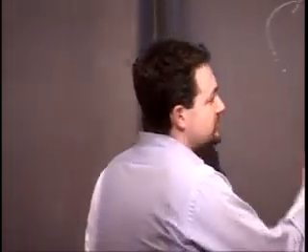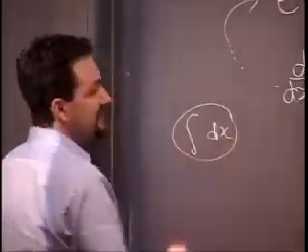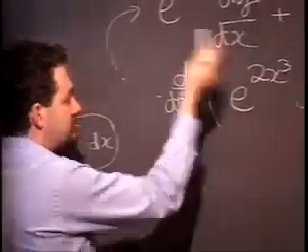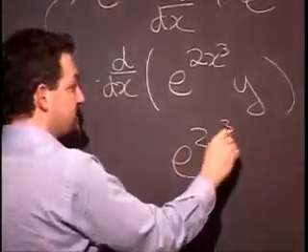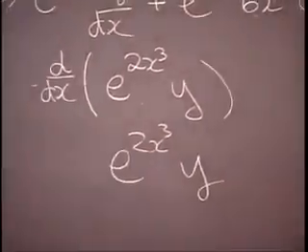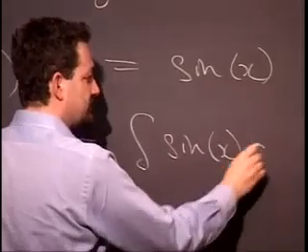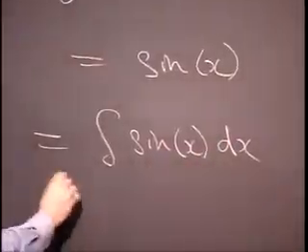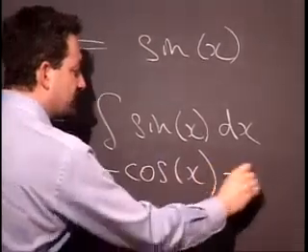All right, so what's the point of this? Well, if you integrate both sides with respect to dx, then on this side, the derivative just cancels out with the integral, and you just get e to the 2x cubed times y. Whereas on the right-hand side, you have to integrate sine x dx. Well, of course, this is negative cosine x plus a constant.